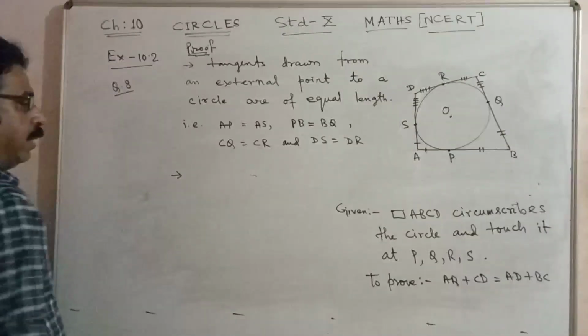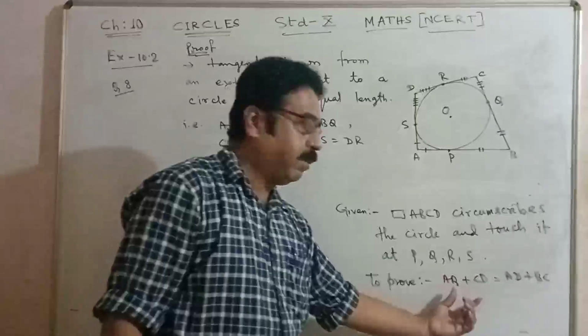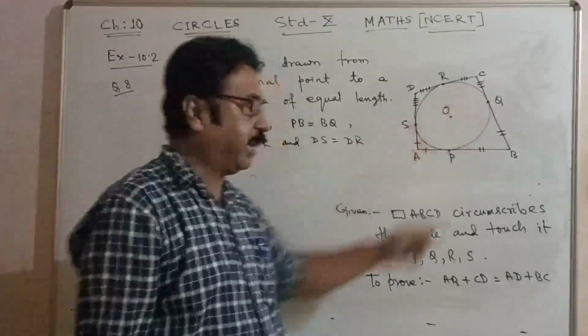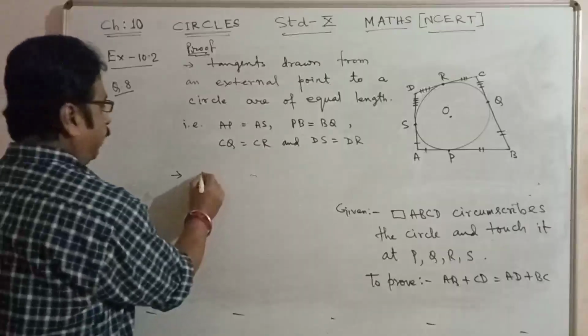Next part, we have to prove AB plus CD. That means AB and CD we are writing first.